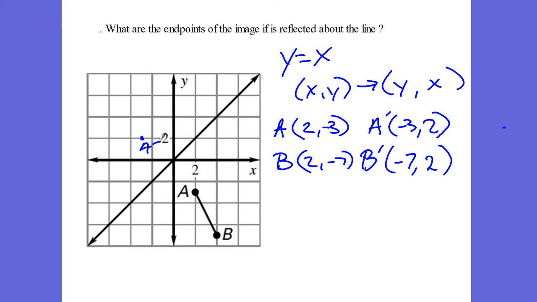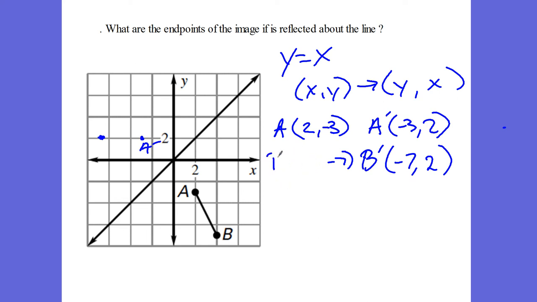Wait, this is the wrong way. -3, 2, right? -7, and then 2. Isn't it supposed to be at? Looks right. Wait, 2, 4. X value should be 4. That's what's wrong. Where were you at on that one, Jose?